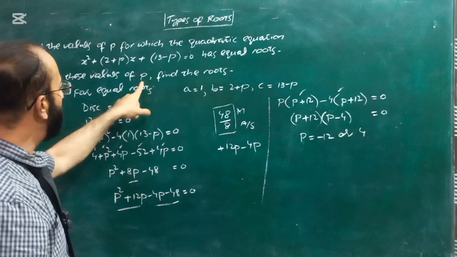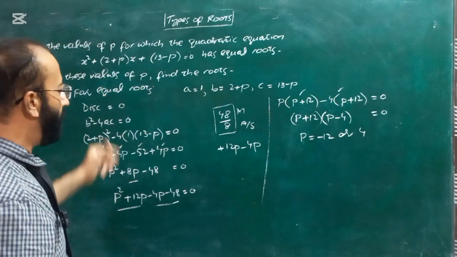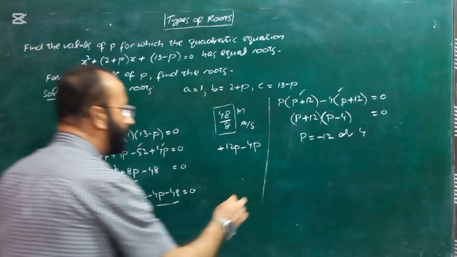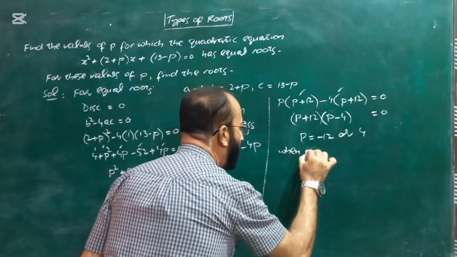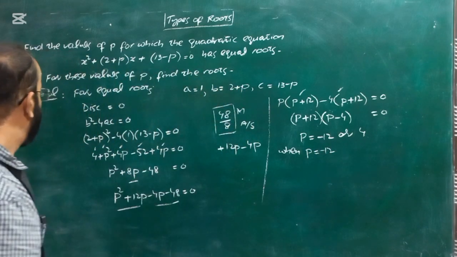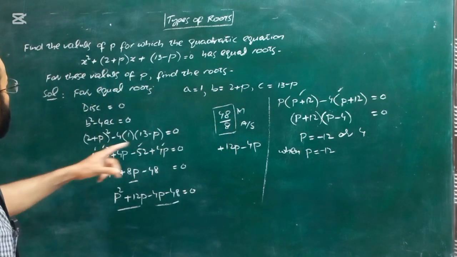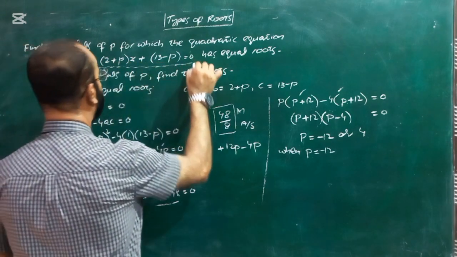Next requirement is to find the roots for these values of p. Okay, so when p is equal to minus 12, put this p into the question.